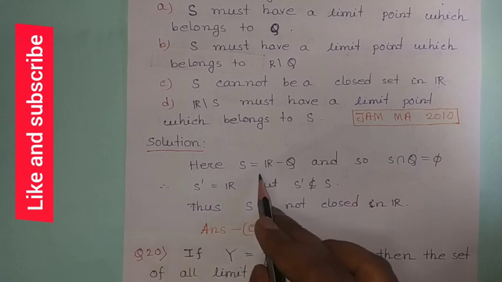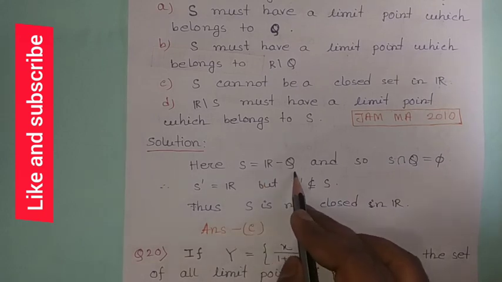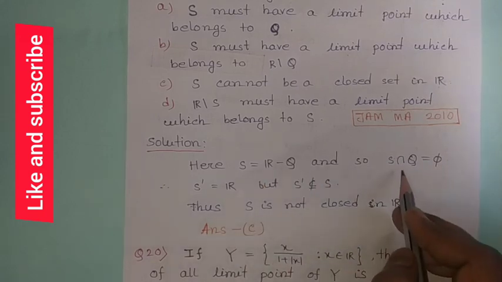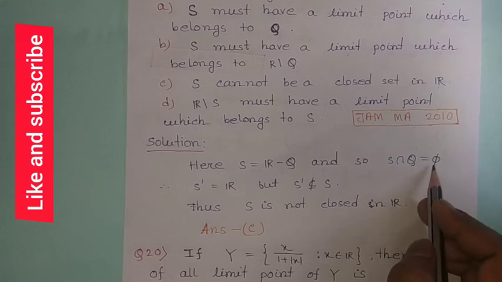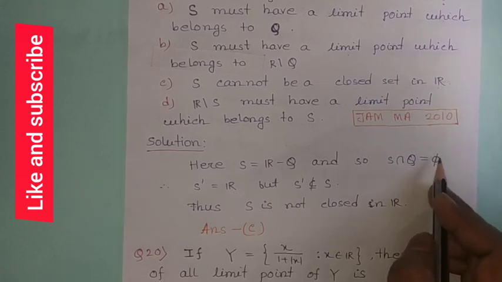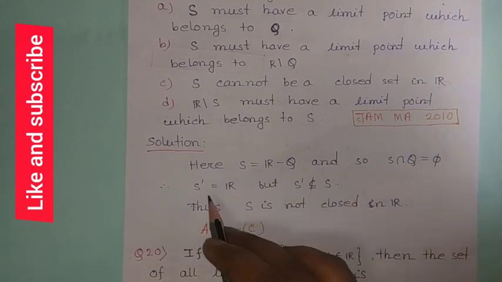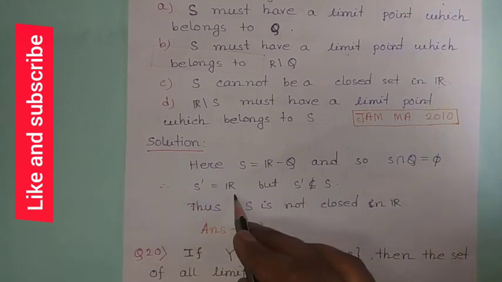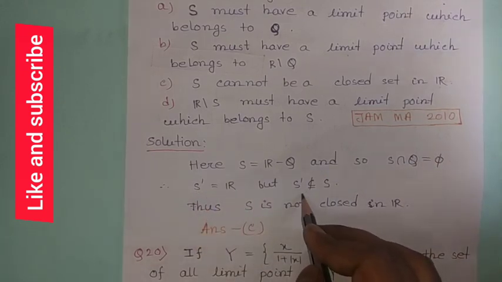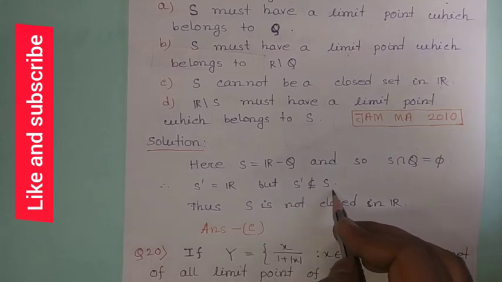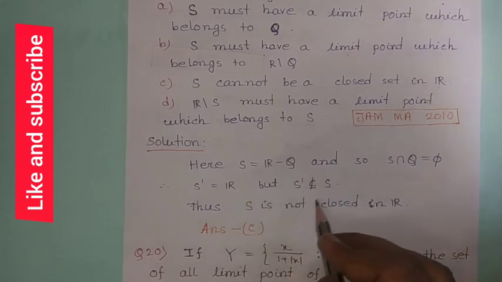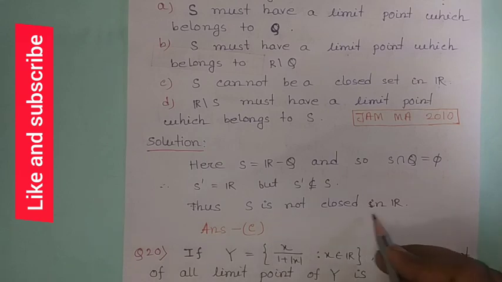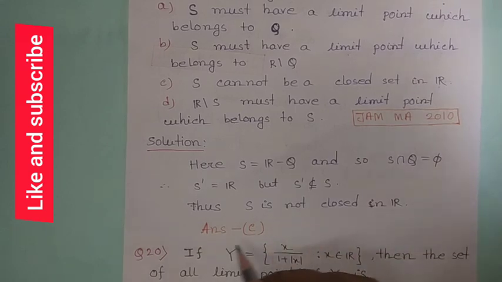Here S equal to R minus Q by the given condition, since S intersection Q equal to phi. Therefore clearly S dash equal to R, but S dash is not a subset of S. Thus by the definition of a closed set, S is not a closed set. Therefore our option C is true.